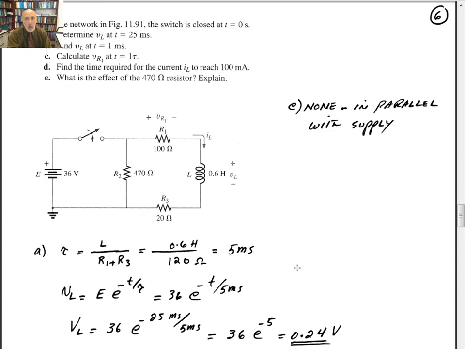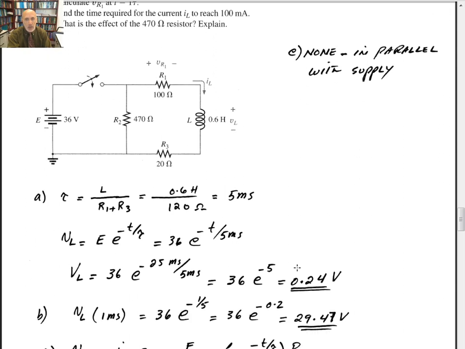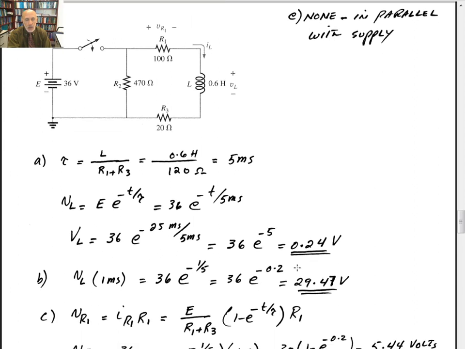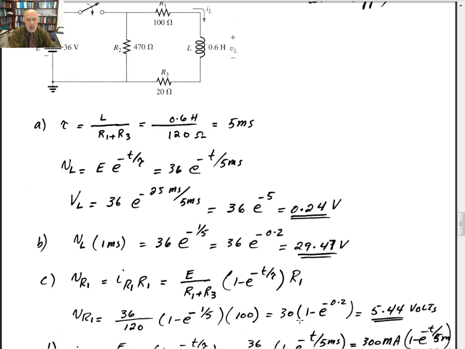Calculate V sub R1 at t equal to 1 time constant. For V R1, you have the value for the current. You just multiply by the resistance R1, so it would be E divided by R1 plus R3, times, that's the equation for the current through the inductor, just multiply by the resistance R1.